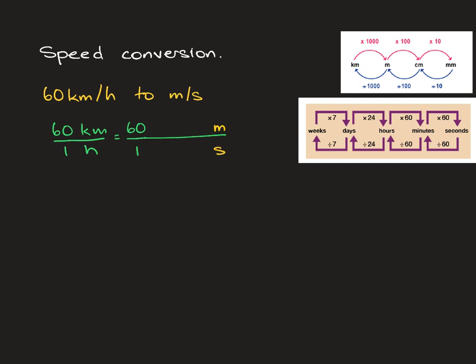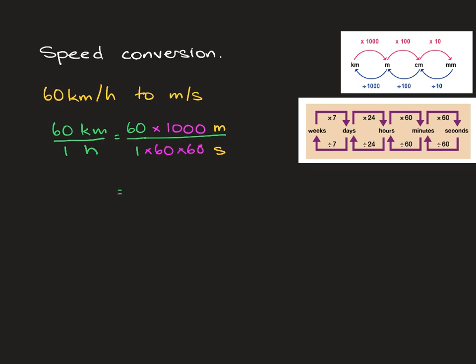So to go from kilometres to metres, I times by 1,000. That makes it to metres. To convert my 1 hour to seconds, to go from hours to seconds, I times by 60 and then times by another 60. And then I work it out.